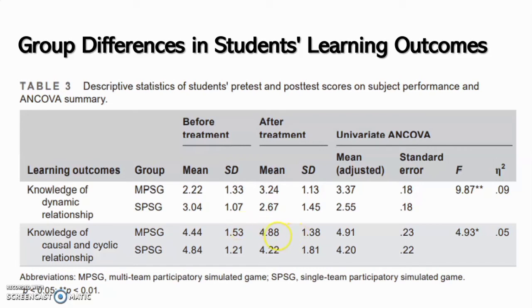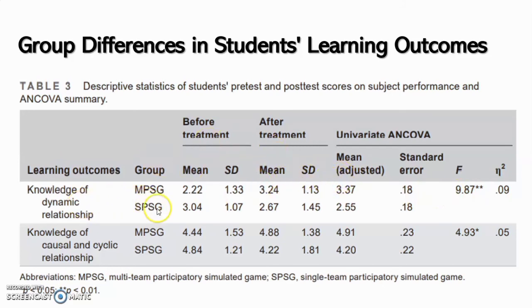The results showed that statistically significant differences were found for student knowledge of dynamic relationships, where the effect size value equals 0.09, indicating that the effect size was between medium and large based on Cohen's criteria.